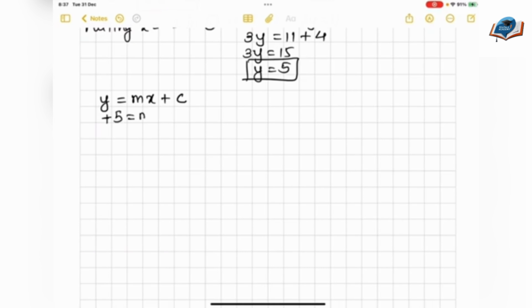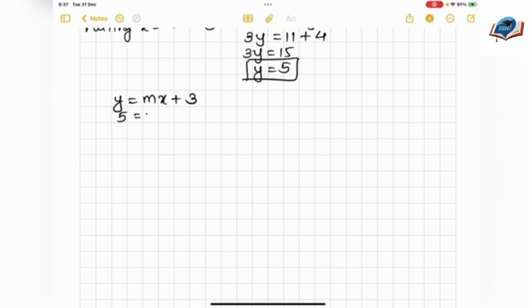Here it will be 5 equal to m into minus 2 plus c. Sorry, c is not given, it is 3. So, putting the value in y equal to mx plus 3.